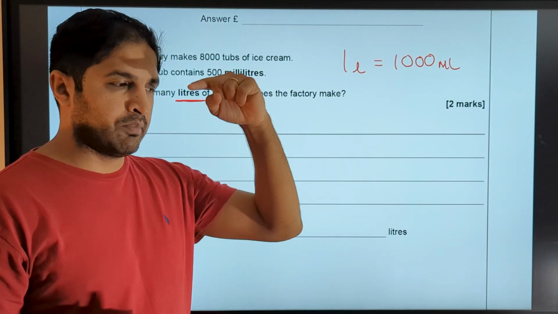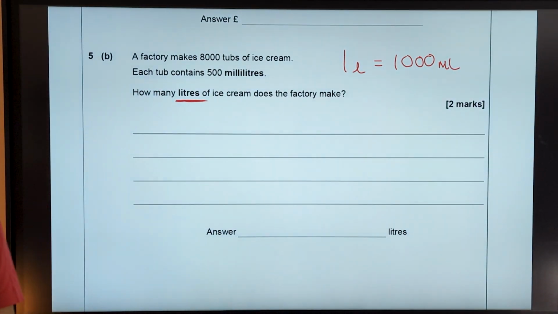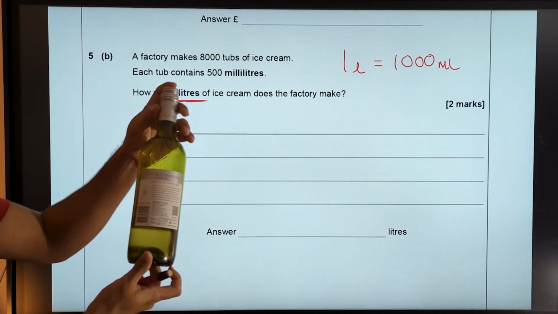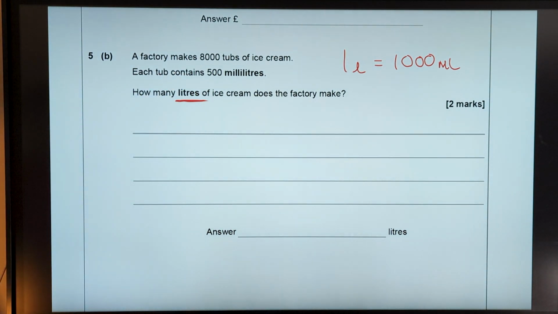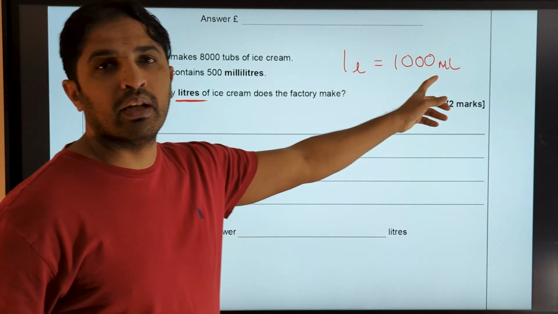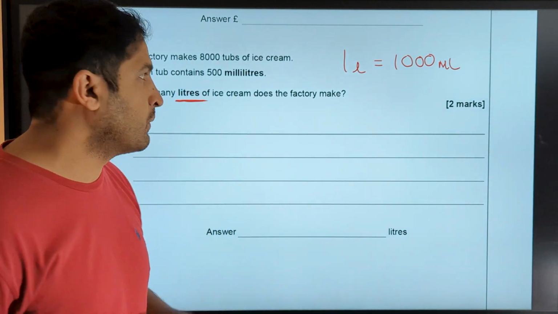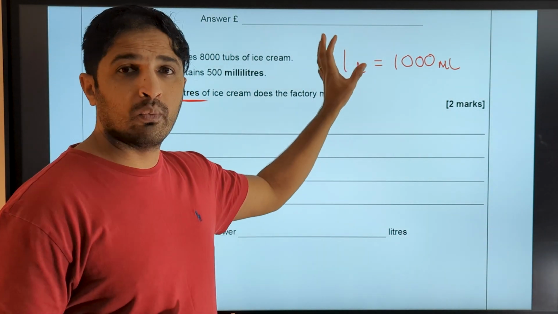So obviously a 1 liter bottle is slightly bigger. I don't have any 1 liter bottle here, but this is 750 milliliters, so a 1 liter bottle is slightly bigger than that. So 1 liter will have 1000 milliliters. That's one of the ways you can work out how many milliliters there are in 1 liter.